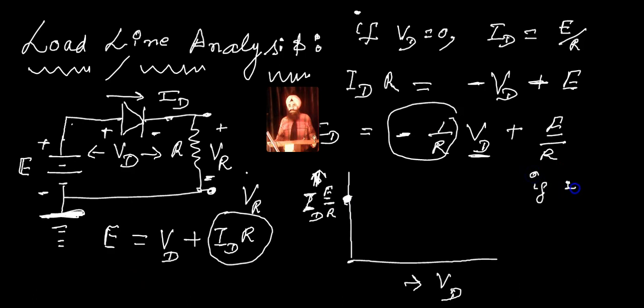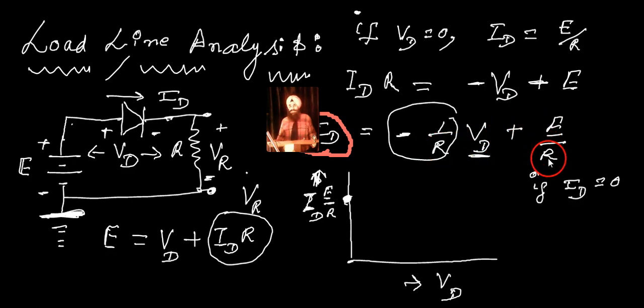Now secondly, if ID equals 0, you put ID equals 0 here. What happens? This term, the total term, becomes equal to this term, and then we find the value of VD.